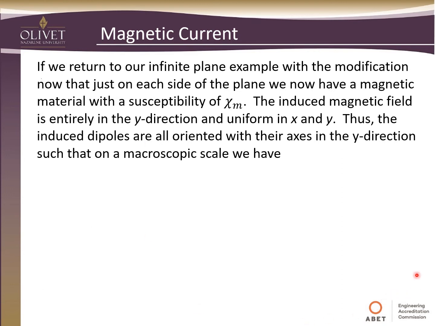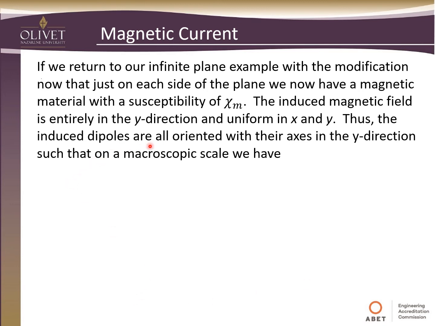So if we return to our infinite plane example, where we have our infinite current sheet that's creating this propagating electromagnetic wave, with the modification now that just on each side of the plane we have a magnetic material with the susceptibility of chi sub m. We now need to take into account this induced magnetic field, and it should entirely be in the y direction and uniform in x and y.